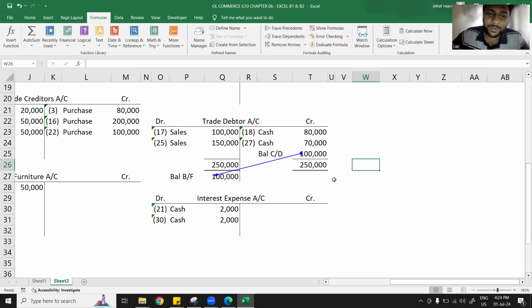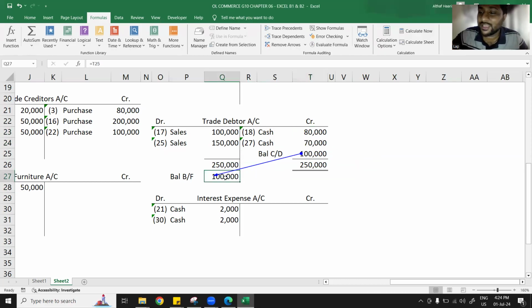So tell me, people, what is the meaning of this 1 lakh? You were supposed to get 250 from your debtors. Out of that, you got 150.